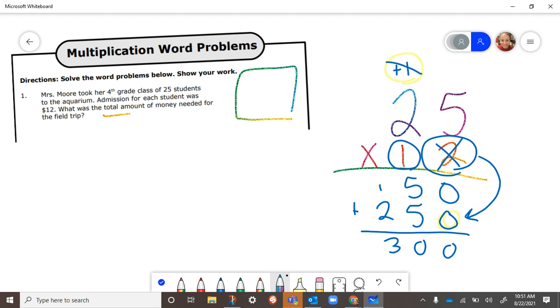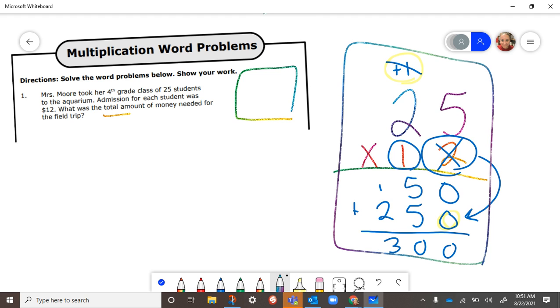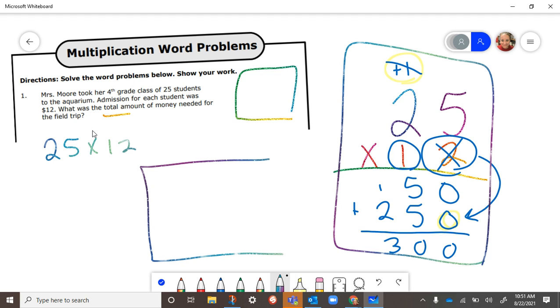If you want to check your work, I want you to show me this because this is our main thing we're practicing. But if you wanted to check yourself, you could try it another way. So 25 times 12. If we did this with the box, we're going to take this first number, break it down, 20 plus 5 and 10 plus 2.